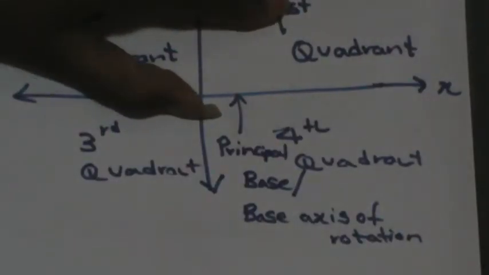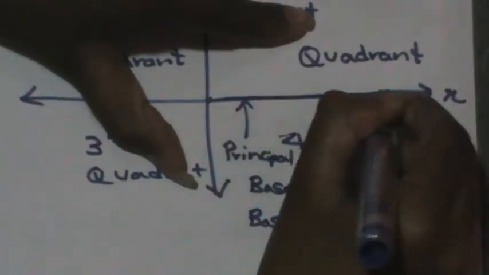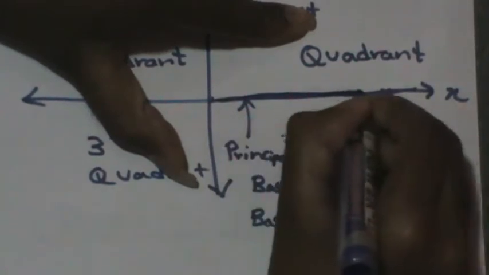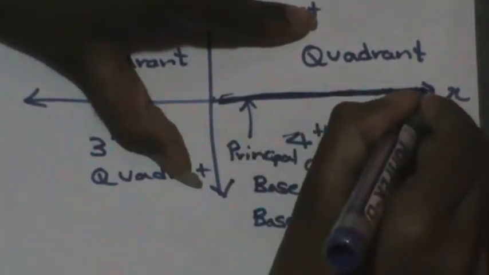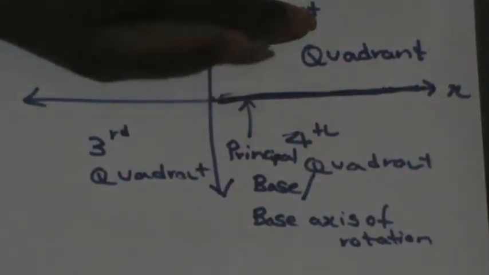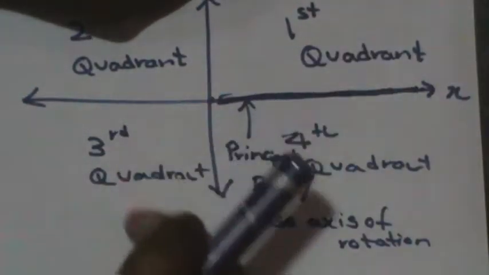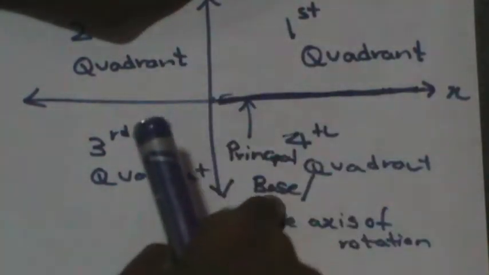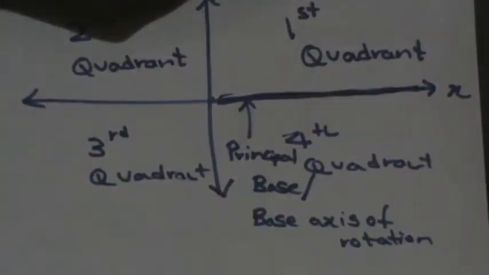This is where normally we start a rotation. From here onwards, we take it either clockwise or counterclockwise to get a specific angle.